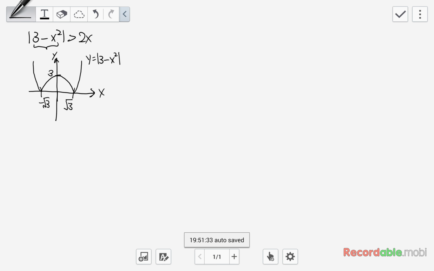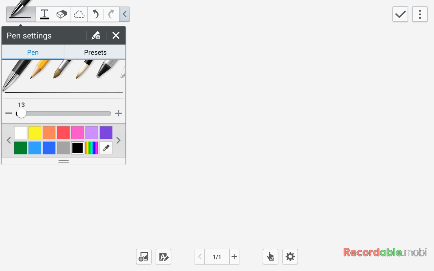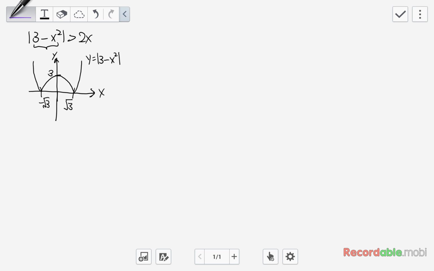And what about my 2x graph? Let's change the color. My y equals 2x graph, let's say when my x is 0, the 2x becomes 0, right? So it passes through the origin. And then I expect it to be steep in some form.